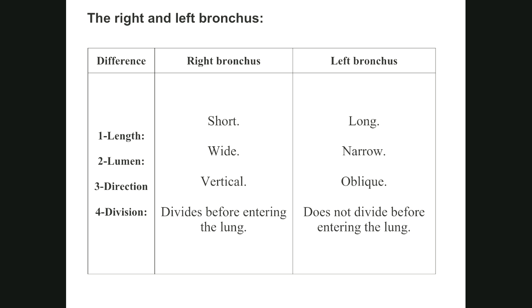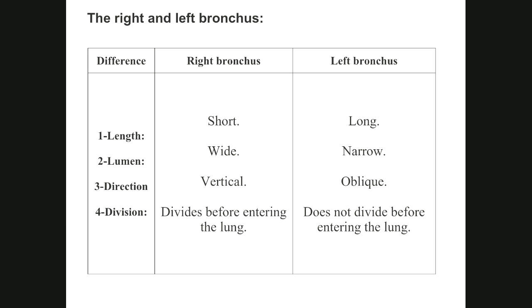The lumen, that is the size, is wide on the right and narrow on the left. The direction is more vertical and straight on the right, whereas the left is slightly oblique. Division: the right does not divide before entering into the lung, whereas the left divides before entering into the lung.